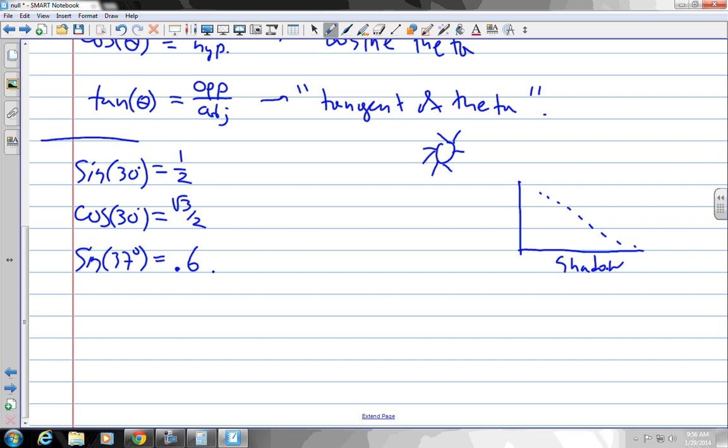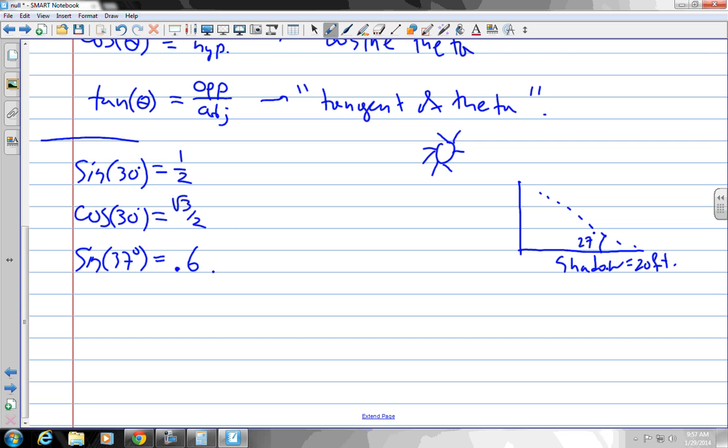I'm able to measure the angle of the sun with respect to the tree, so let's say this is 27 degrees. I can take a tape measure and measure the shadow the tree casts, let's say 20 feet.